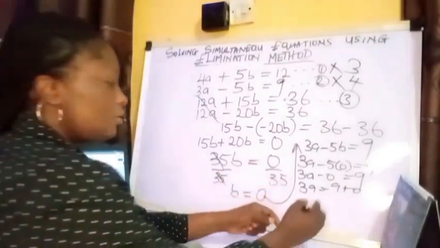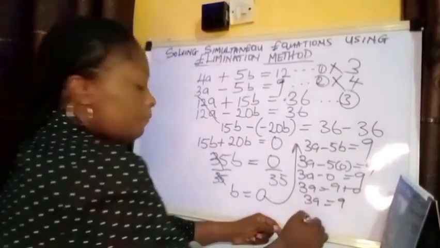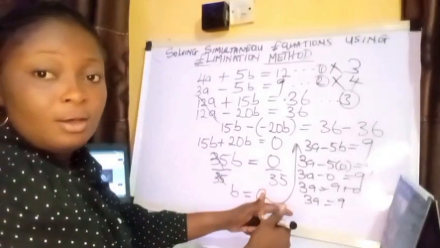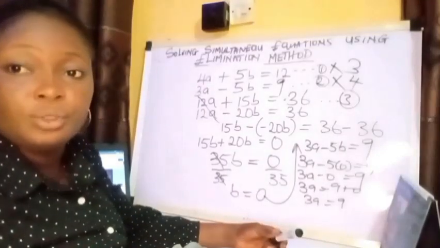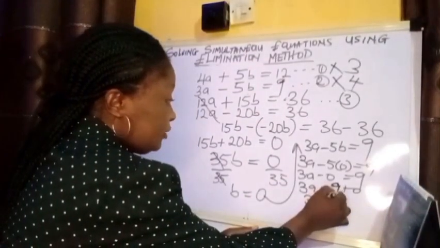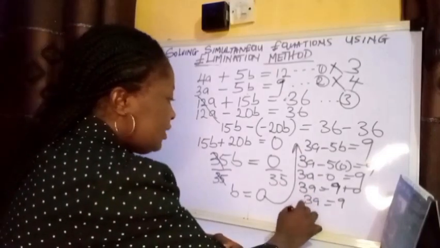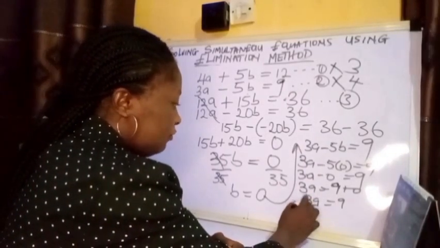At this point, we'll have 3A is equal to 9. We divide both sides of this equation by the coefficient of A, which is 3 all over 3.